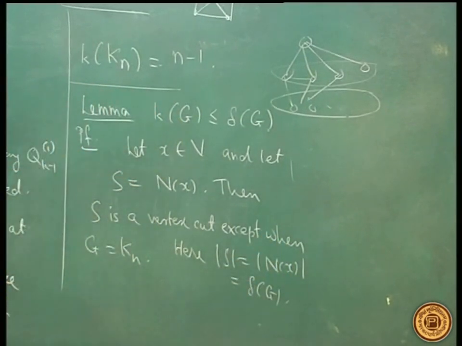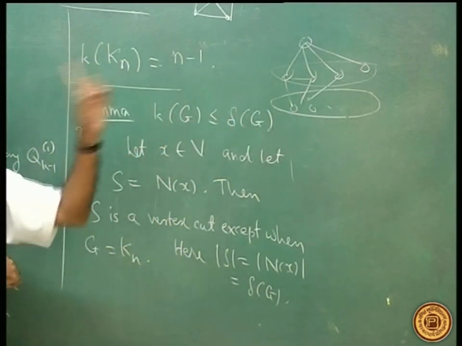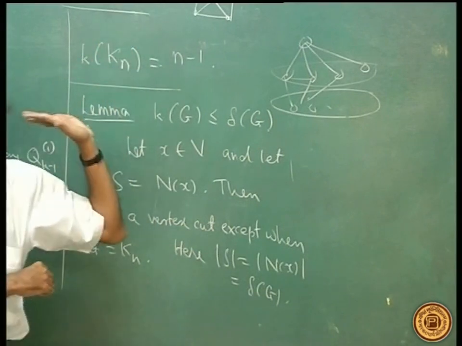The argument is trivial in case your graph is complete. If your graph is complete, then delta of G is n minus 1, and we have already seen that here. So that is okay.